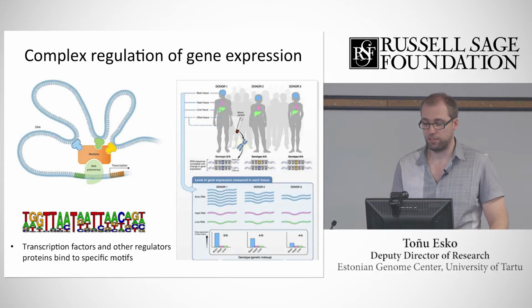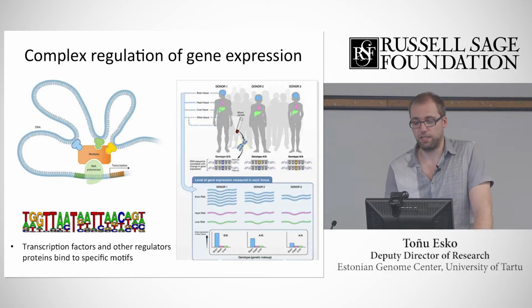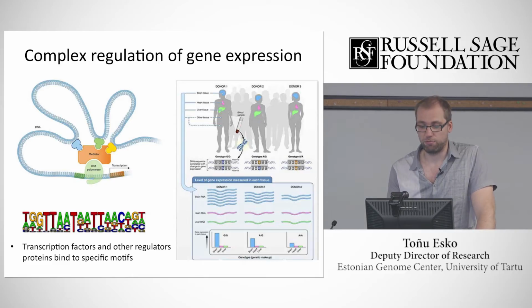And there you can see that the gene expression in heart tissue is exactly the same across individuals and livers as well. But in the brain we see that in donor 1 the gene expression is much more abundant than in donor 2 or 3.